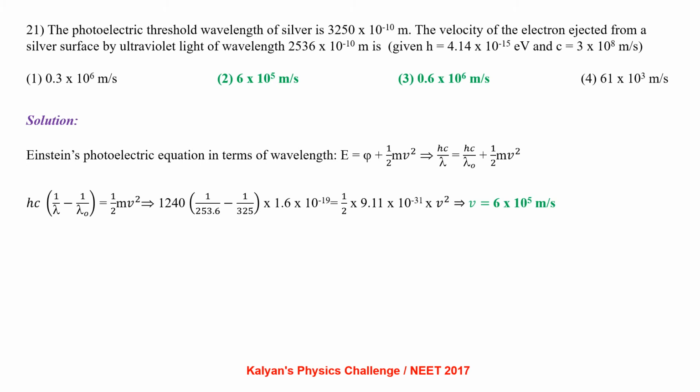Let us write Einstein's photoelectric equation in terms of wavelength and velocity: E equal to phi plus half m v square. Energy of incident radiation can be written as hc by lambda, and it equals hc by lambda naught plus half m v square. By rearranging the terms, we get the velocity of the electron ejected as 6 into 10 power 5 meter per second.